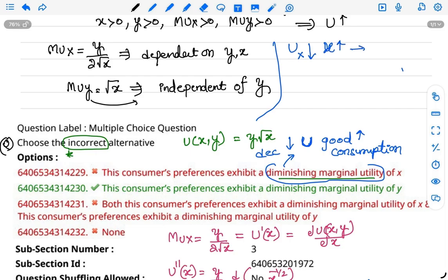That is diminishing marginal utility of x when it decreases as the consumption of the good x increases. If the utility of the good y is decreasing as the consumption of the good y is increasing, that is diminishing marginal utility of y.